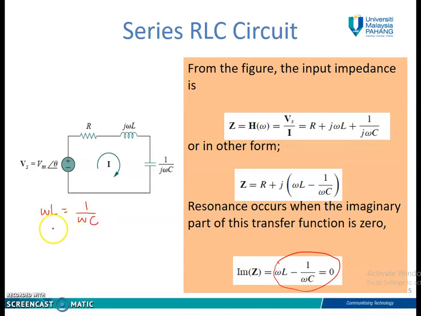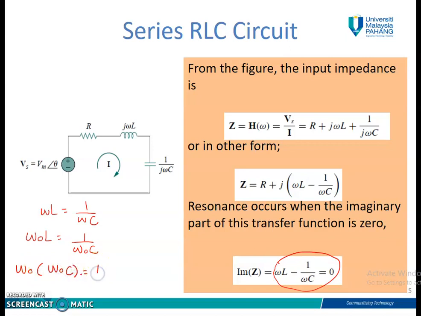So since the frequency for both reactants is same, so we can change the frequency to resonant frequency. So omega naught L is equal to 1 over omega naught C. So we solve for the omega naught in order to find the resonant frequency.